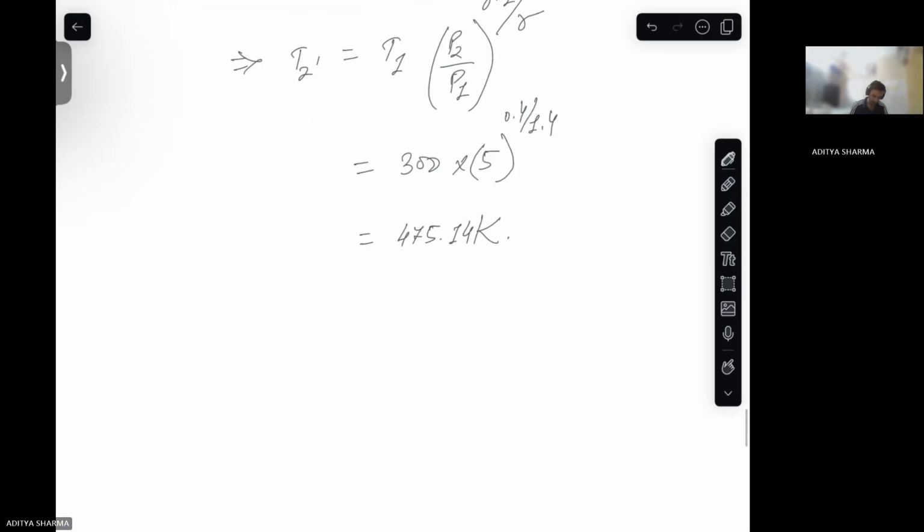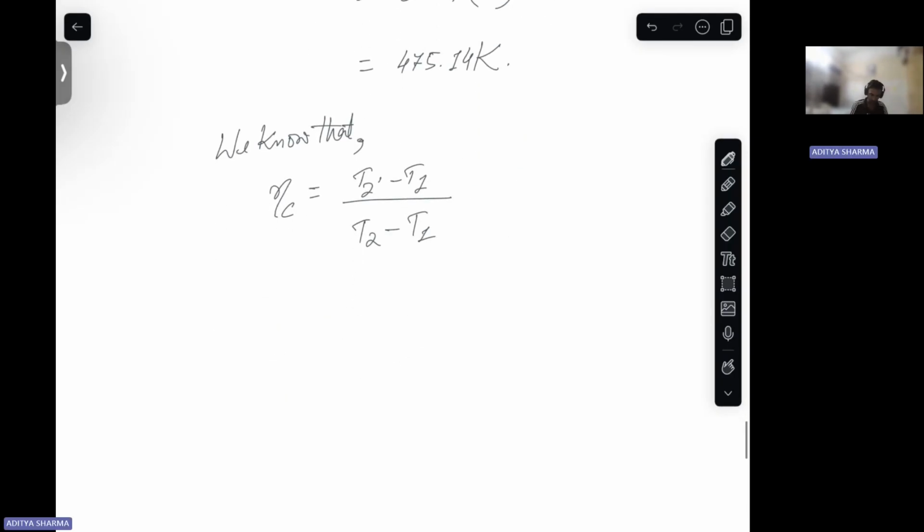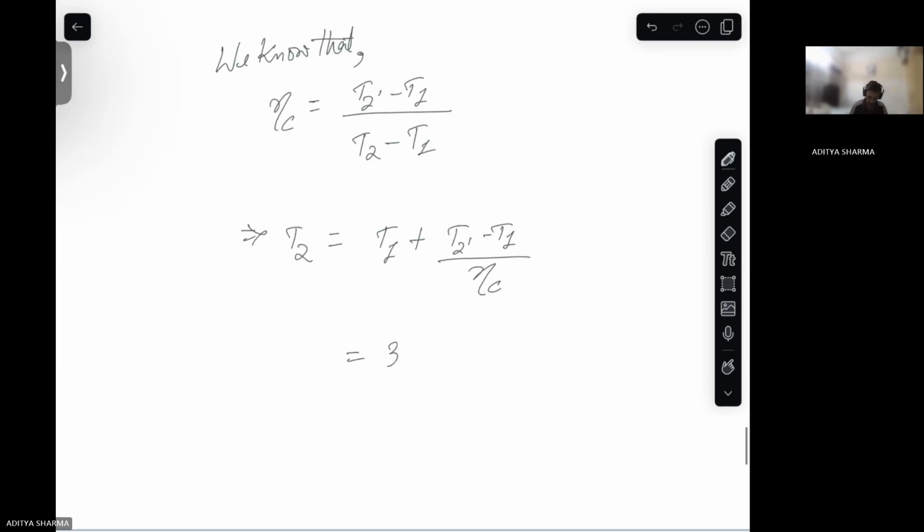Then we know that the actual efficiency will be less than isentropic, so actual temperature is higher in reality. From here, you can calculate T2. It's T1 plus T2 dash minus T1 divided by efficiency, which is 300 plus that term.